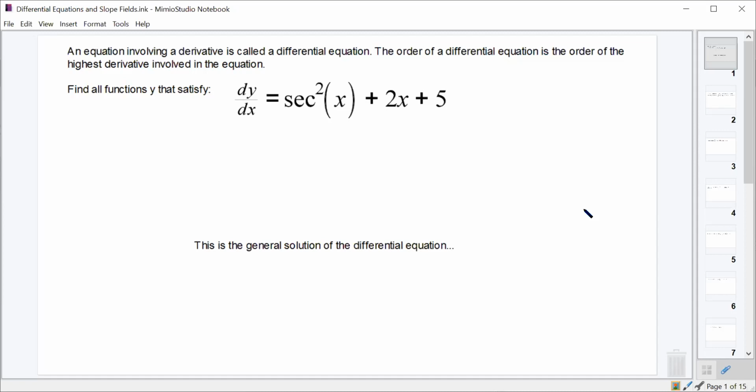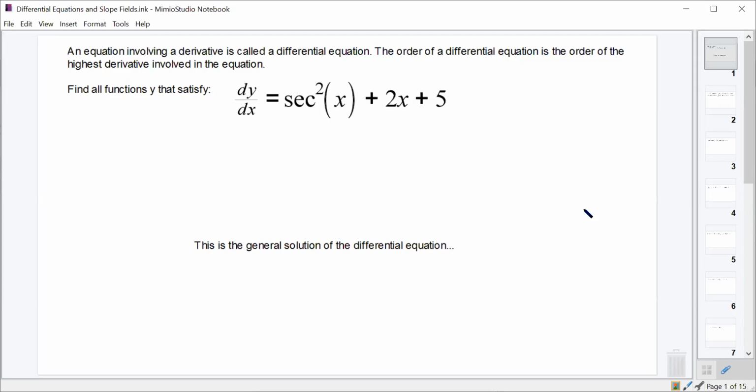The differential equation written here is dy/dx equals secant squared x plus 2x plus 5. That is a first order differential equation because it has only a first derivative in it. There are no higher derivatives. If it was the second derivative equal to secant squared x plus 2x plus 5, then it'd be a second order differential equation.